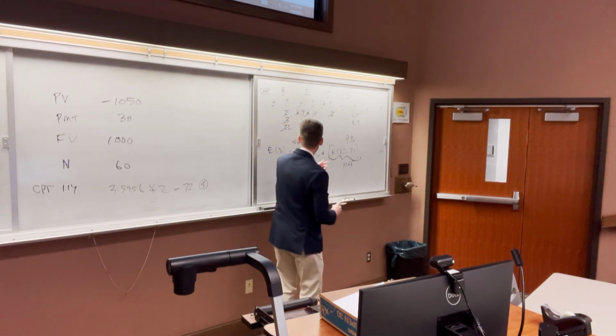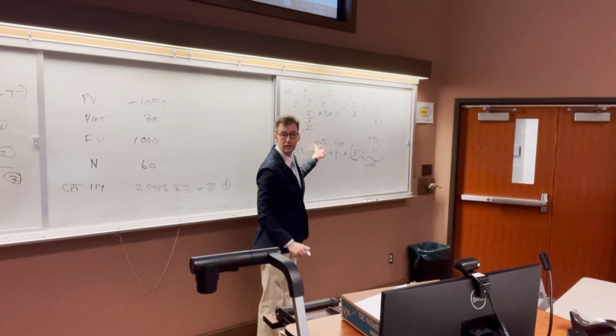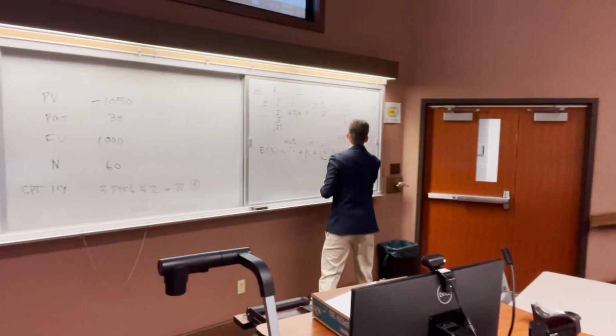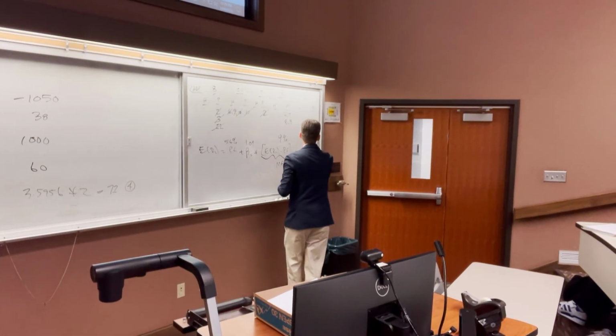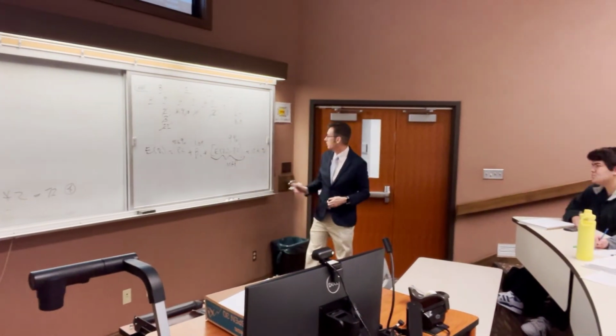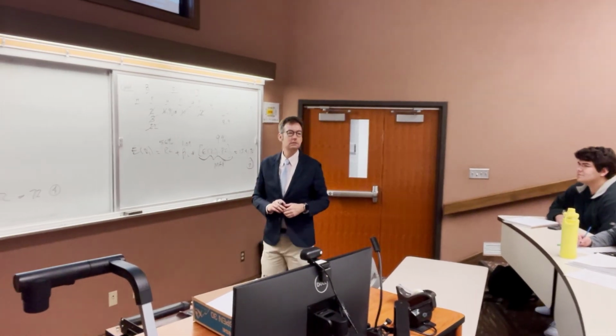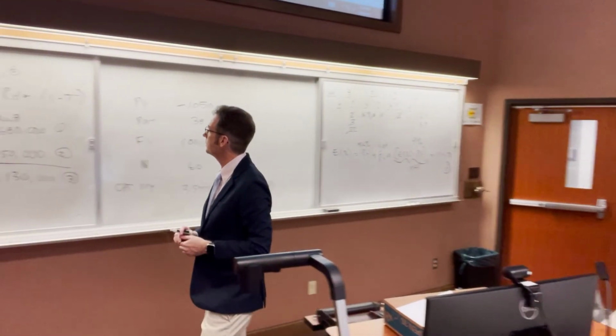I'm going to say that's 9.81%. 9.81% plus 5.6 is 15.41. Does that sound right? Now, here's what I want you to do. I want you to store that as location 5.